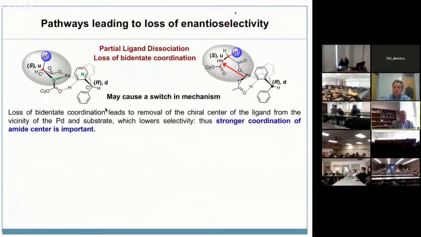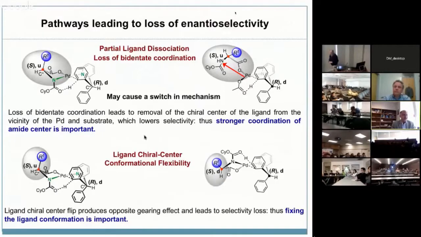In fact, our analysis shows that there are several channels for selectivity loss. One of them is partial ligand dissociation, from bidentate coordination to monodentate coordination. This strongly suggests that a stronger coordinating ligand is required for highly selective reaction design.